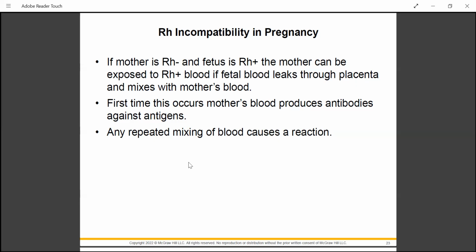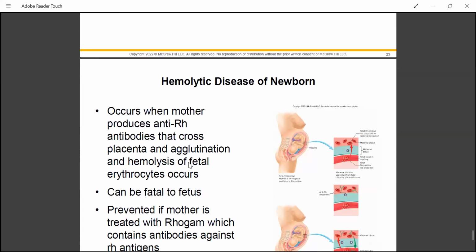The second time is when it becomes a real problem, because now mom's immune system is already ready to go. It already has those antibodies to recognize the RH antigens. And so if we get that mixing of blood again, then mom's system is going to kind of go on full attack, and that can be real problematic for the fetus.